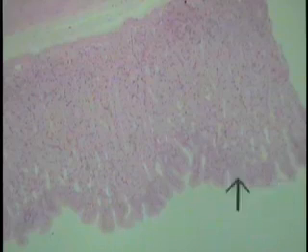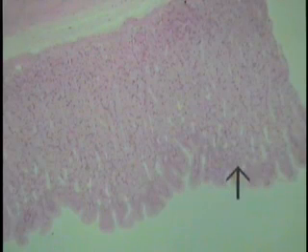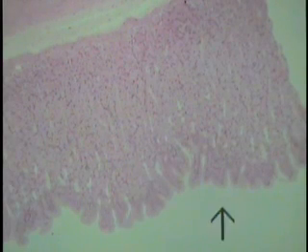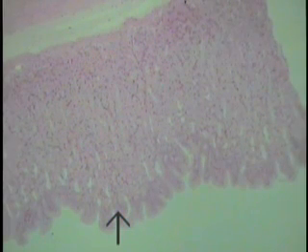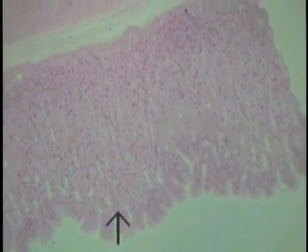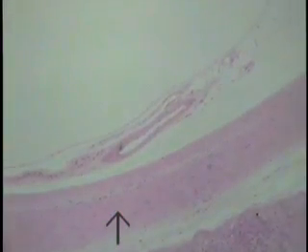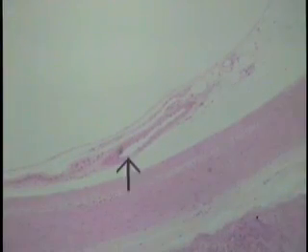So this is one of the surfaces that should be examined, this region as indicated by the pointer. One should also examine its external surface, as indicated here by the pointer.